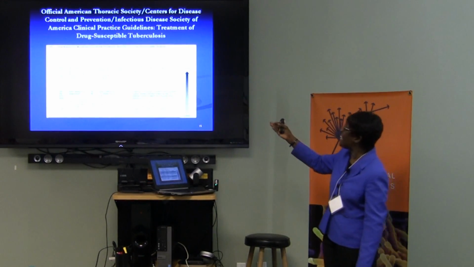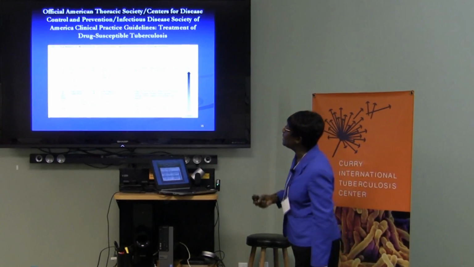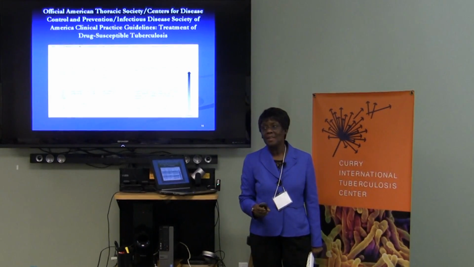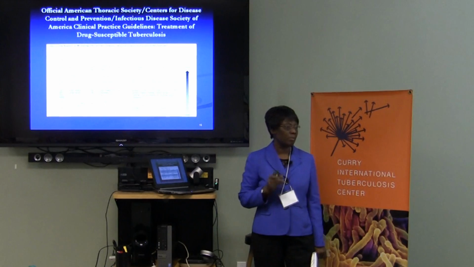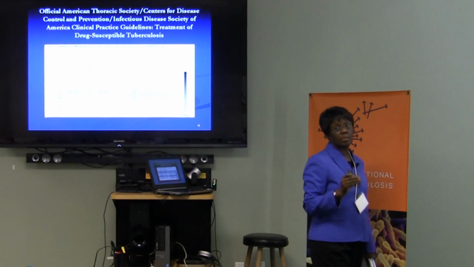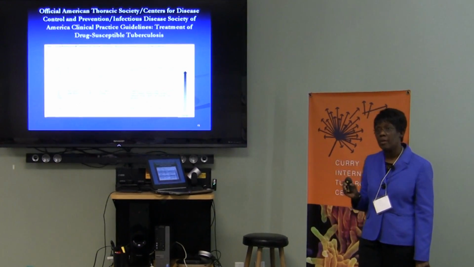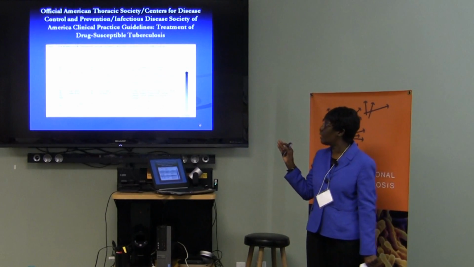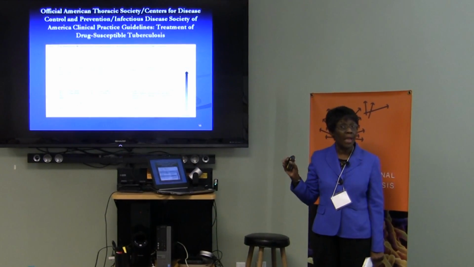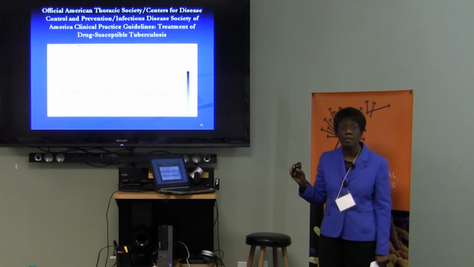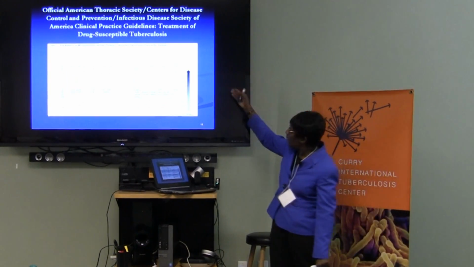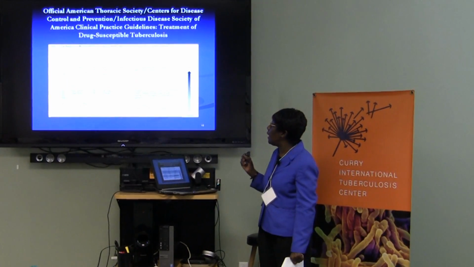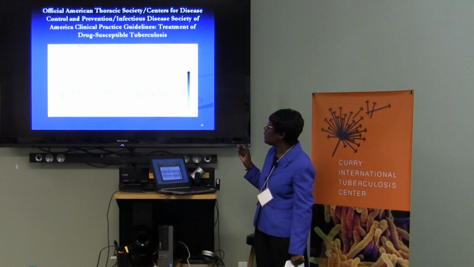So what it's saying is the ideal treatment regimen is seven days a week. And recommending, particularly if they are smear positive and have cavitary disease, that even during the continuation phase, you not put them on intermittent therapy. Now the second tier says you can do it.